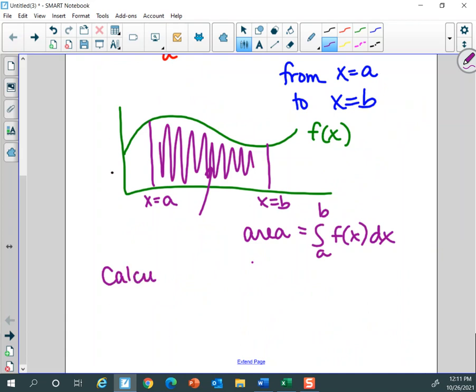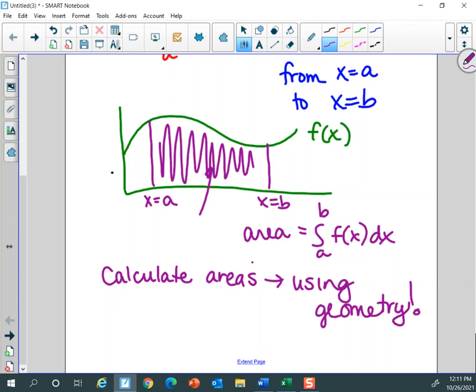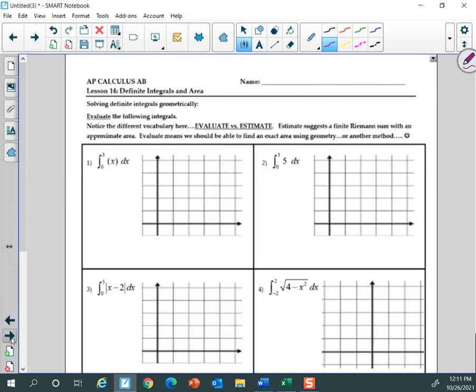And one tool for calculating these areas is to straight up use some geometry. Certain integral problems, because of the nature of f of x, create an area region that we can calculate the area for. We don't have to estimate it, we can actually straight up calculate it because it's a regular geometric shape. So let's look at some examples of that.